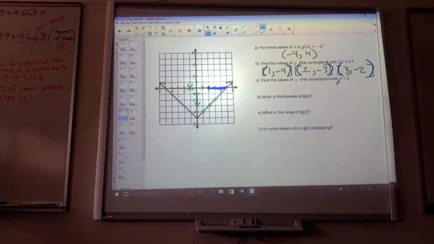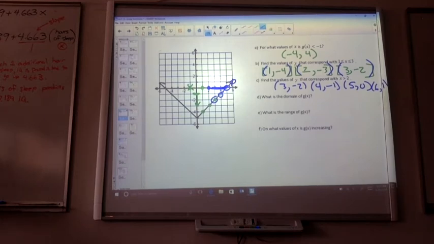All right, so values that are greater than. Find the values of y that correspond with x greater than 2. So I'll go with 3 comma negative 2 at that point. 4 comma negative 1, greater than 2. 5 comma 0. I guess you could throw on there 6 comma 1, which would be like right there.